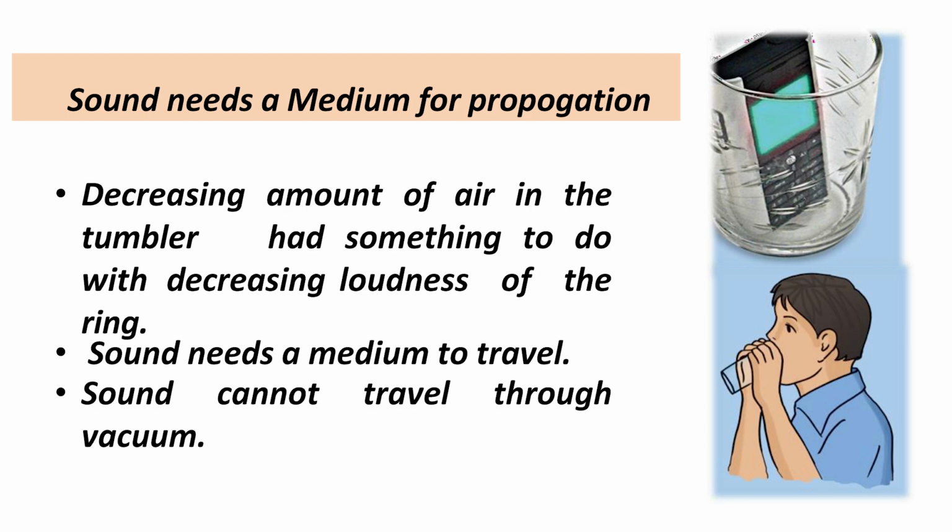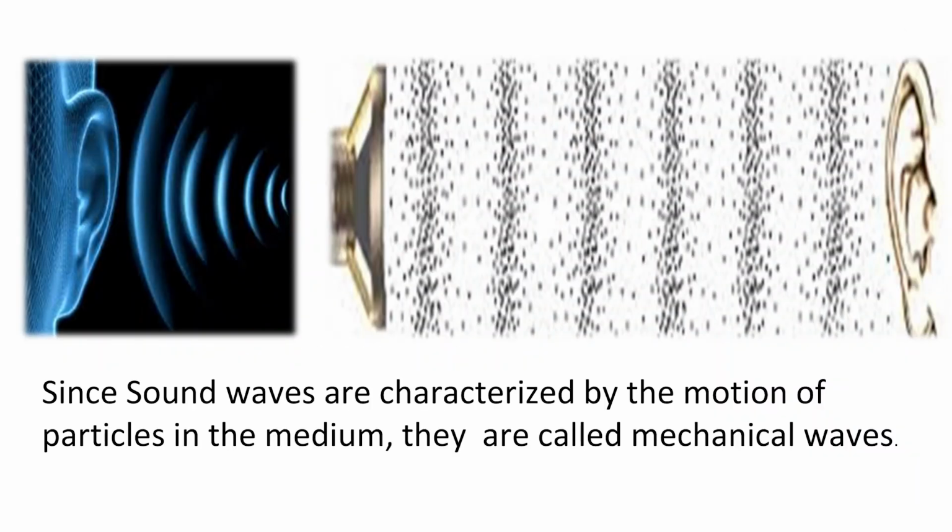So we can conclude that sound needs a medium to travel. Sound cannot travel through vacuum. So the vibrating body produces sound, and also we learnt the propagation of sound. For the propagation of sound, there must be a medium.